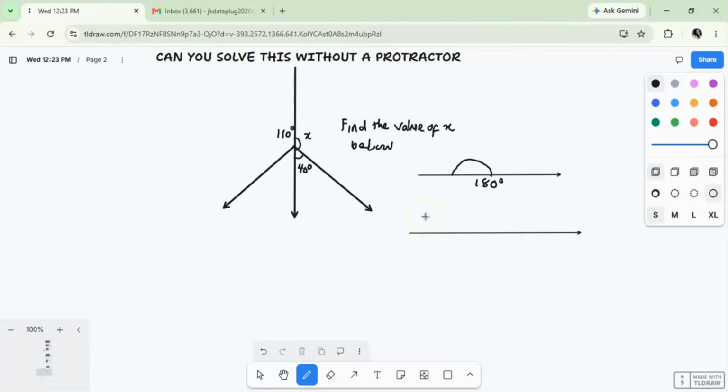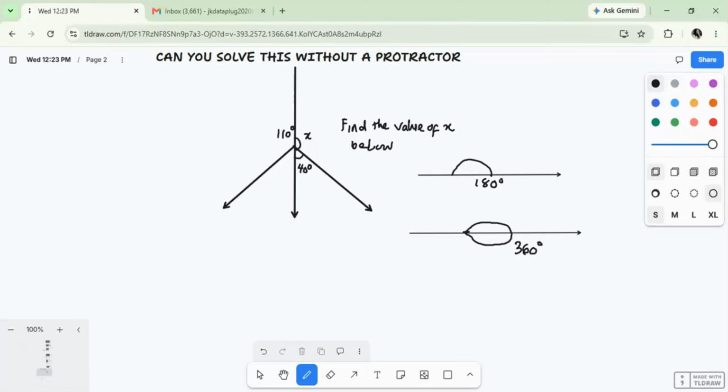But if the angles go completely around a point, that is what we call a full turn, and this one is equal to 360 degrees. So here is the Shammah Online Academy shortcut.